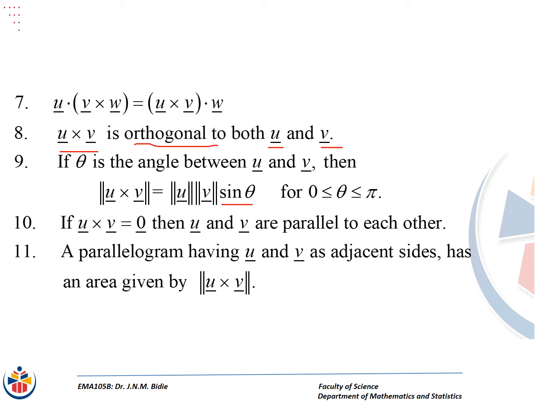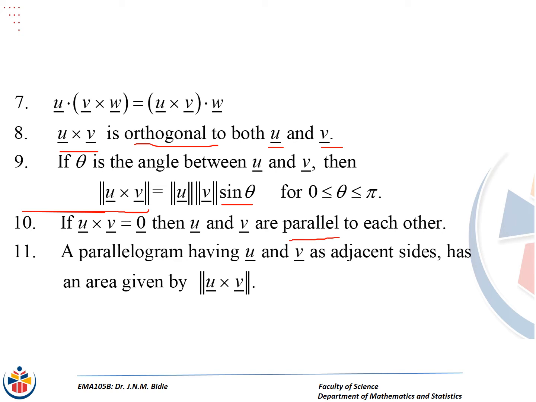And instead of U dot V, we have the length of U cross V. The length of U cross V, where there is U dot V, and then where there is cos theta, we use sine theta.